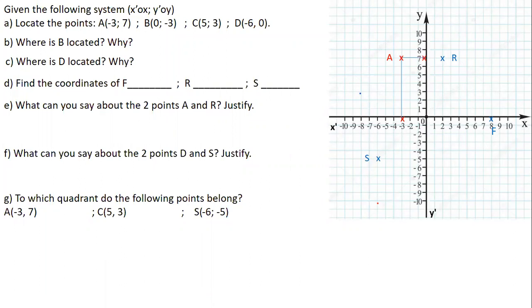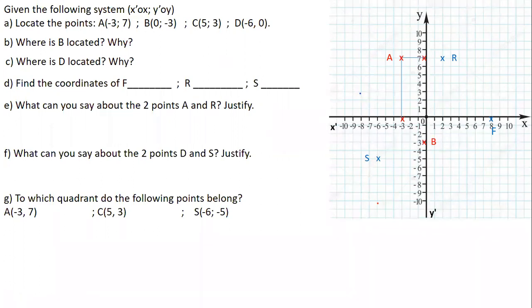So it will be located on the y-axis. Bravo, on the -3. So we go to the y-axis on the -3. We put an x, and this is point B. It will be located on the y-axis as Karam said. Thank you, Karam.